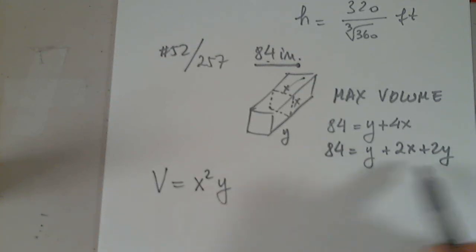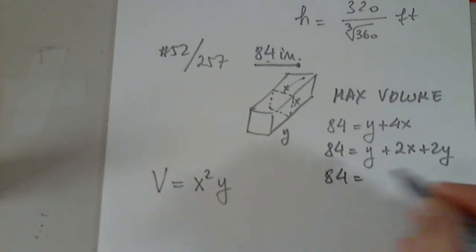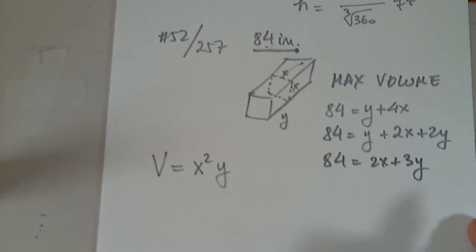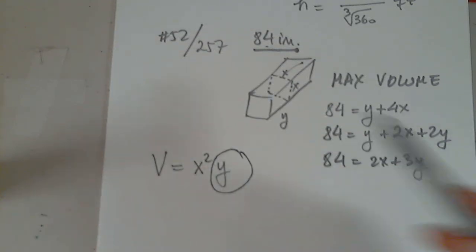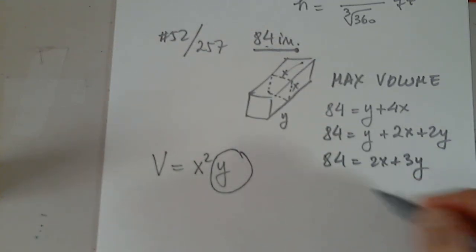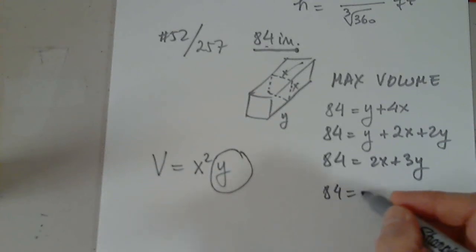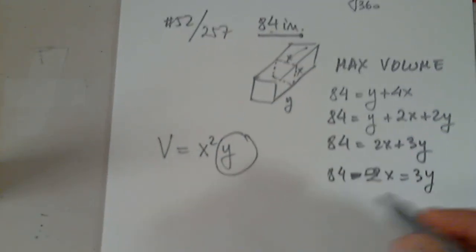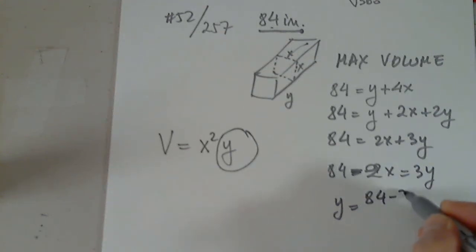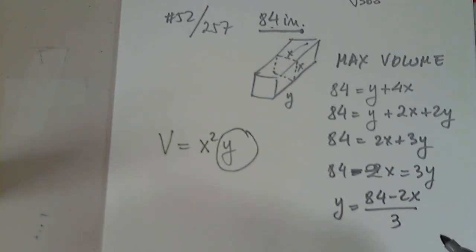Okay, so when we combine like terms here, we have 84 equals 2x plus 3y. I will solve for y because I need to replace it in here. So I will move 2x to the other side: 84 minus 2x equals 3y. So then y equals (84 minus 2x) divided by 3.